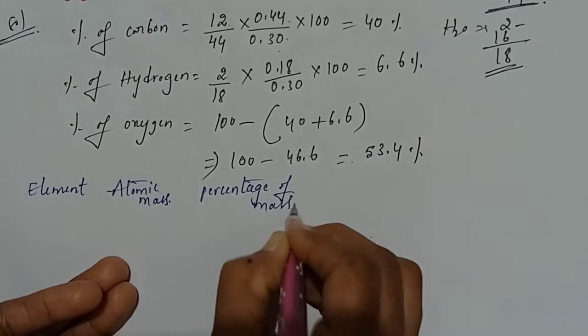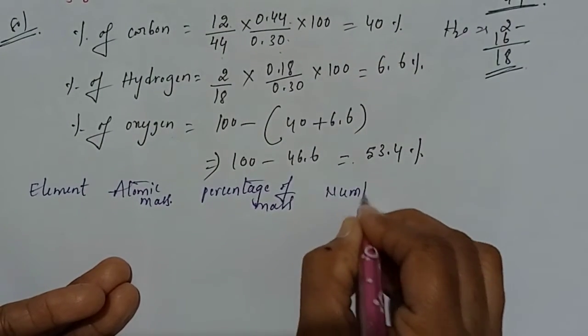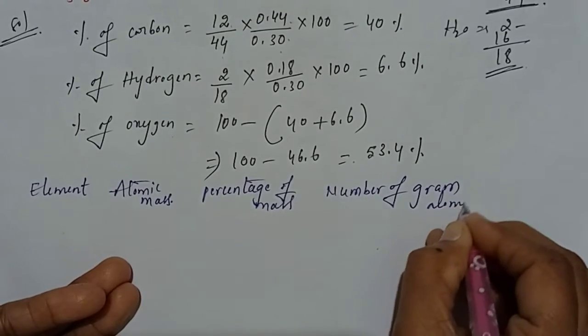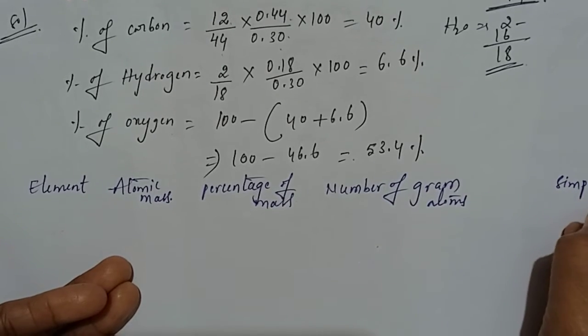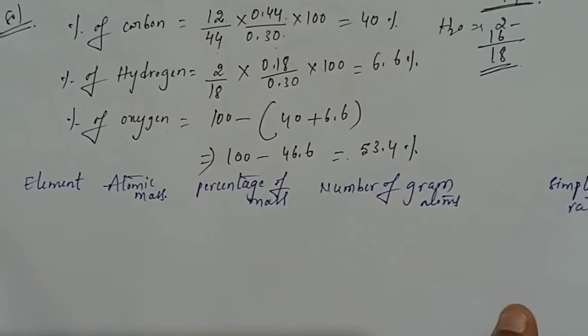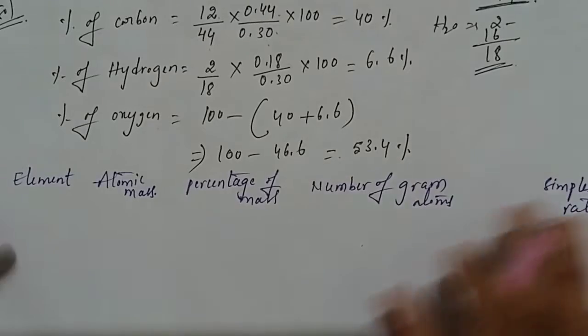And the fourth column, number of gram atoms, students. And the last column is simplest ratio. So like this, I am taking a total of 5 columns. Already in the last question I discussed this, as it is I am taking.